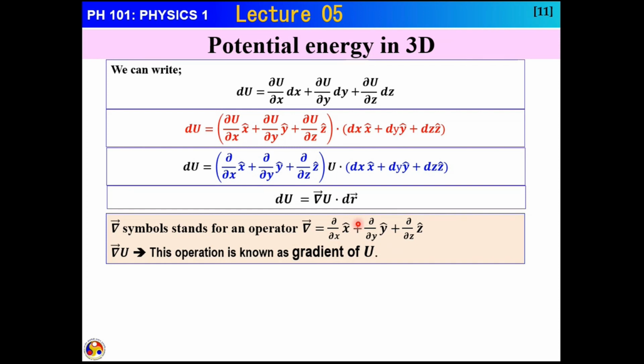This del vector stands for del by del x, x cap, plus del by del y, y cap, plus del by del z, z cap. Del vector u, this operation, is known as the gradient of u.